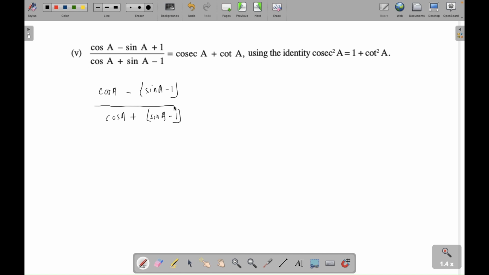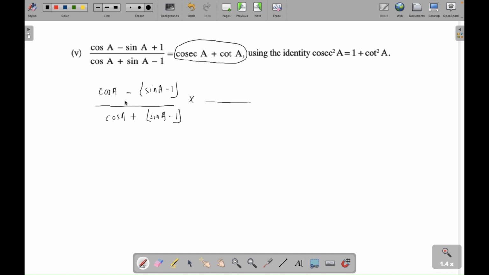Right. Now what we need to do is this: we cannot simplify this further. Why? Because cos a and sin a have no such relation. We have a relation between cos square a and sin square a. So somehow we have to make this cos square a and sin square a. Right. How do we make it? We should also keep in mind what number we should multiply with.